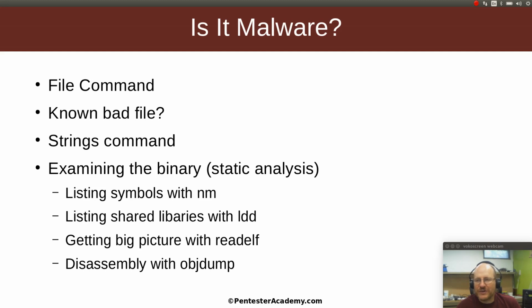Now, as we all know, it is a pretty simple matter to change the hash. You change one little bit and the hash changes. So this isn't a great way of finding malware as much as a good way of determining that something is not malware. If it's a known good file, that's much more useful.